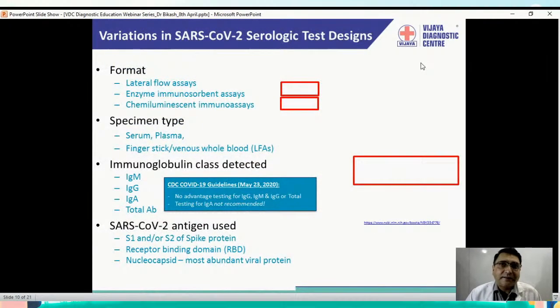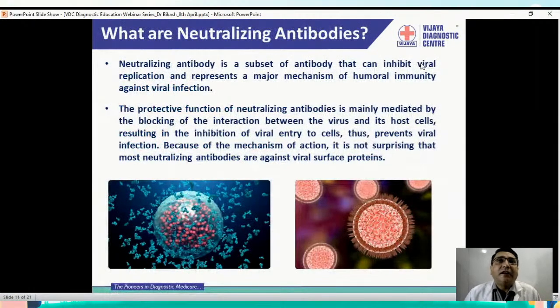Okay, next slide, please. Now, let's talk a little bit about neutralizing antibodies. What exactly are these neutralizing antibodies? Neutralizing antibodies are a subset of antibodies that inhibit viral replication and represent a major mechanism of humoral immunity against viral infection.